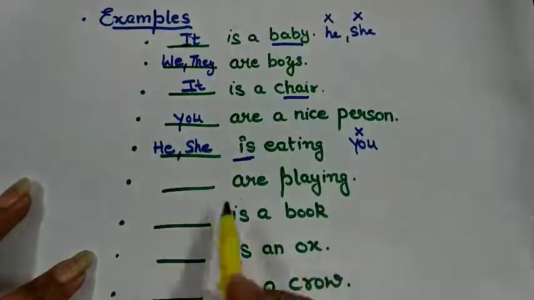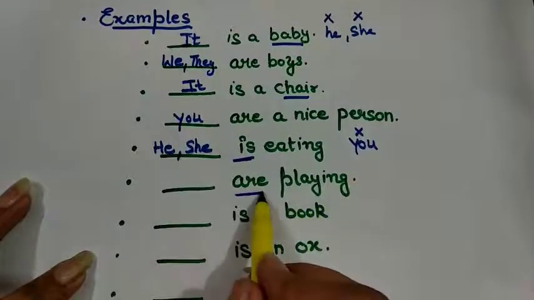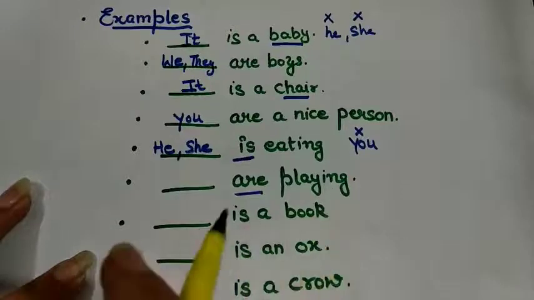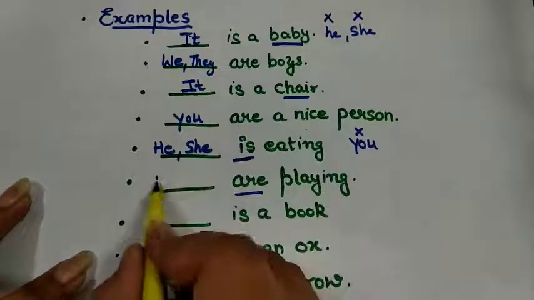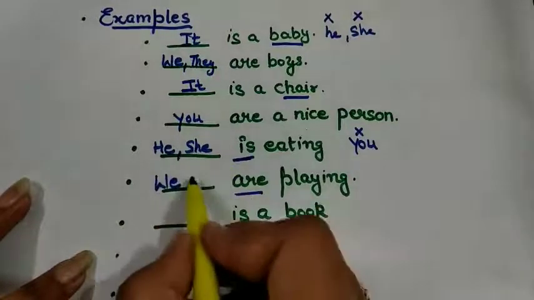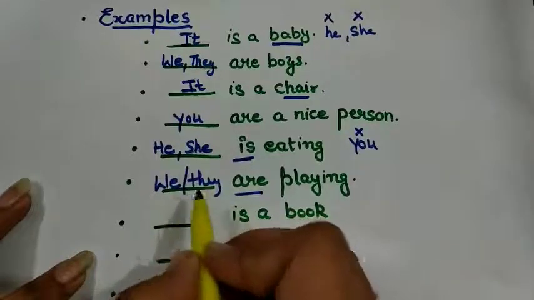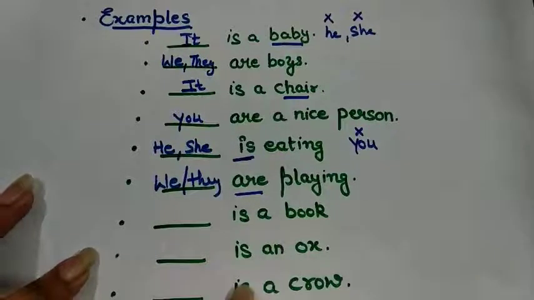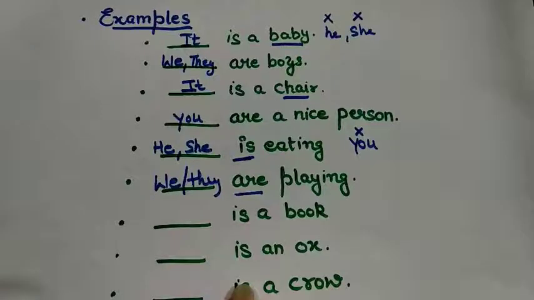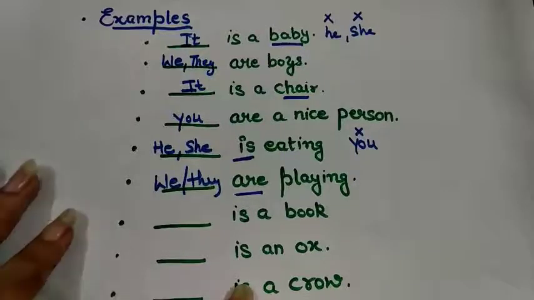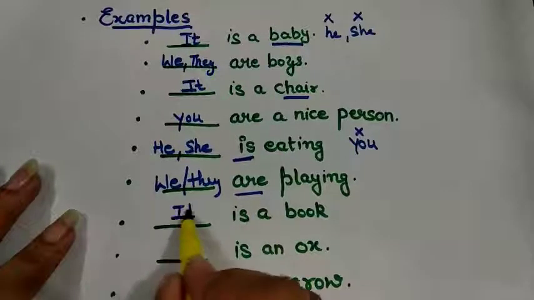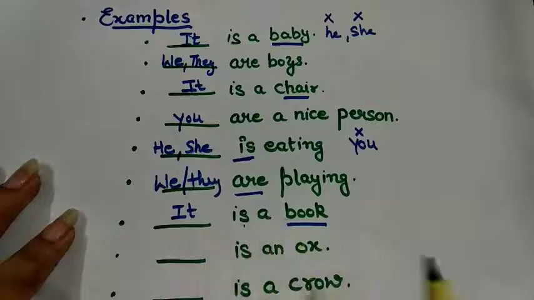Next, say dash are playing. See, it is plural. We have to use some plural here. Like we are playing, they are playing. Both are accurate depending on which person, like, are we talking about the first person or the third person? It is a book because book is non-living and singular also.